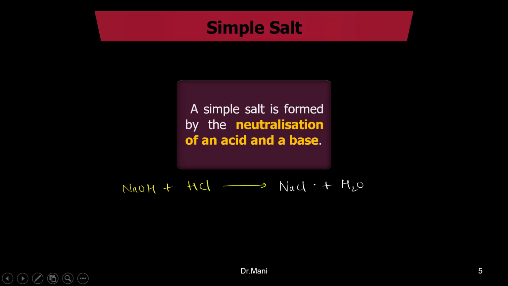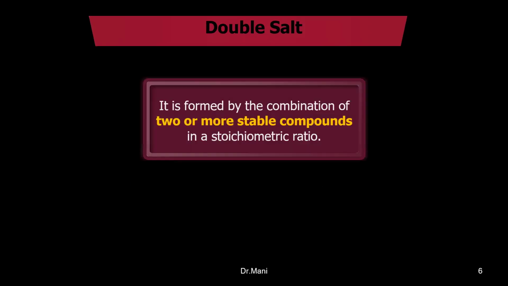So remember, sodium hydroxide reacting with hydrochloric acid, a strong base and a strong acid, gives sodium chloride, which is a simple salt, and water. Understood? The basic idea for a simple salt is that whenever an acid and a base react, they produce a salt and water. This is a very small example of a simple salt.